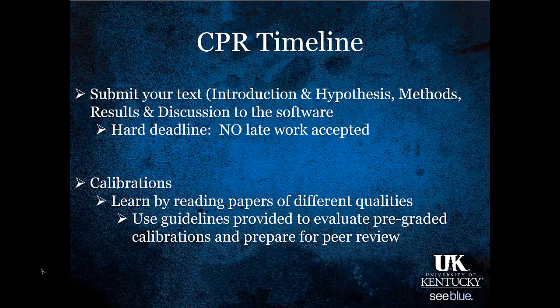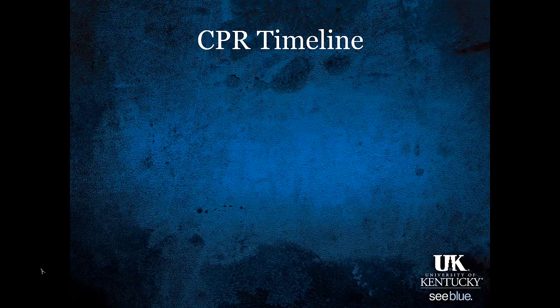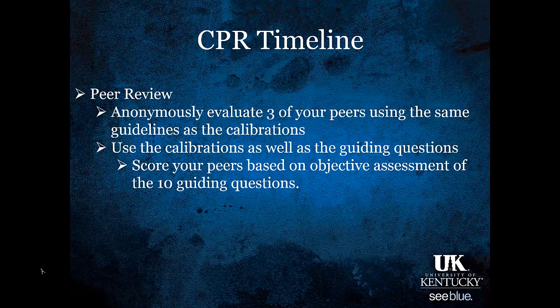These guidelines are basically to guide you in understanding what we expect to see from your papers at every step of the way. These calibrations are a way of training you to be, quote-unquote, experts in recognizing good writing and to prepare you for the peer review, which is the next step in the CPR process, wherein you'll be given 3 papers that were written by your peers.